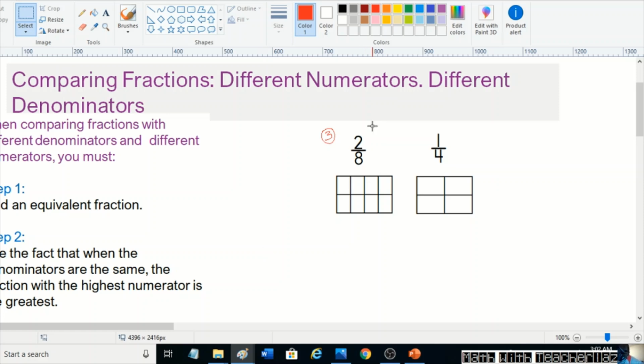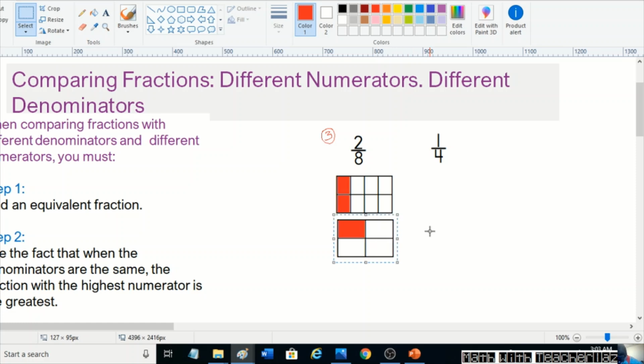Okay, so we have 2/8, so let's go ahead and shade in 2/8. 2/8, 1, 2, compared to 1/4. Now I really can't tell which one has more with just my eye. So I'm gonna have to do some math, and really we should always rely on the math and not on drawings, okay?